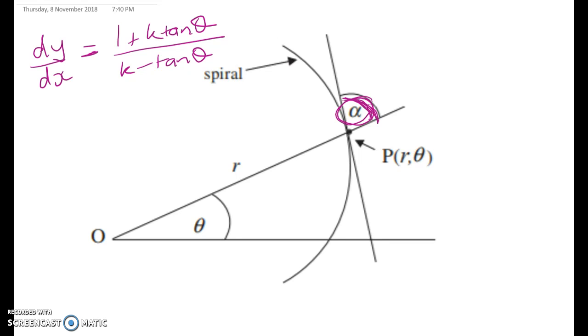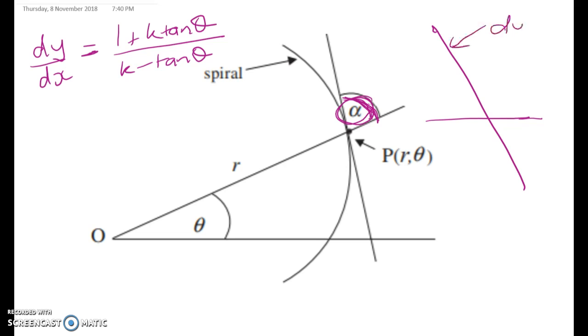But we do know something about the gradient of any curve. So if I've got just a straight line, and I know that this line has got derivative of dy by dx, I'm going to put in some parallel lines. So if I know the slope there, that's going to be the same as the slope down there.